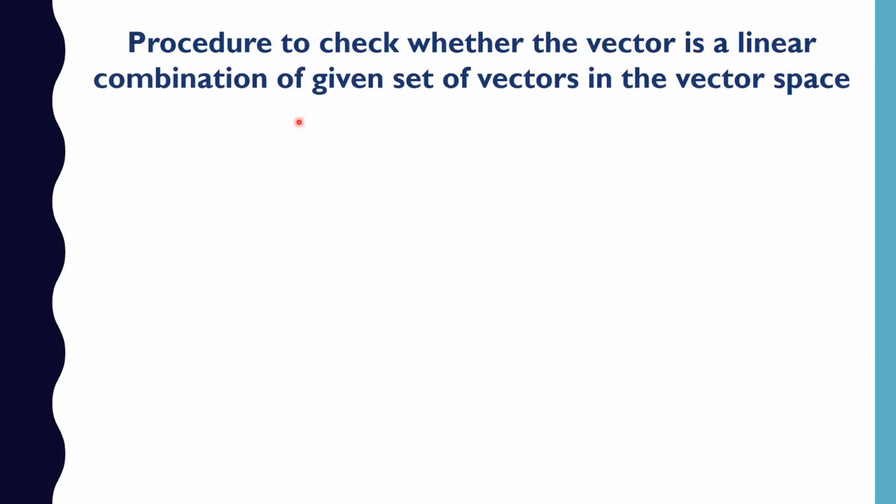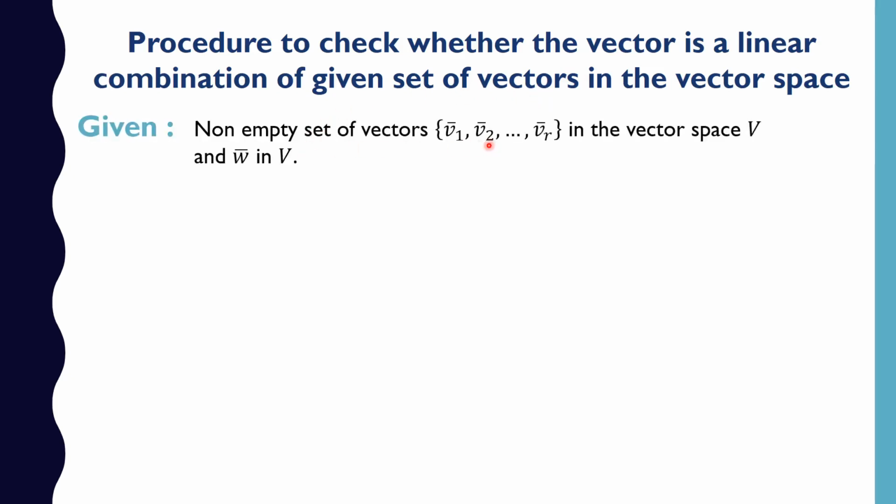Now, we will quickly recap the procedure to check whether a vector is a linear combination of a given set of vectors in a vector space. Initially we will be given a non-empty set of vectors in a vector space and an element in V. This element is not a member of this non-empty set, but we are checking whether this element can be expressed as a linear combination of the elements in the non-empty set of vectors.